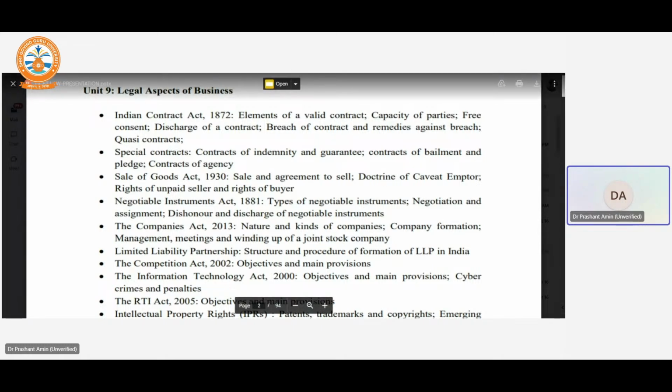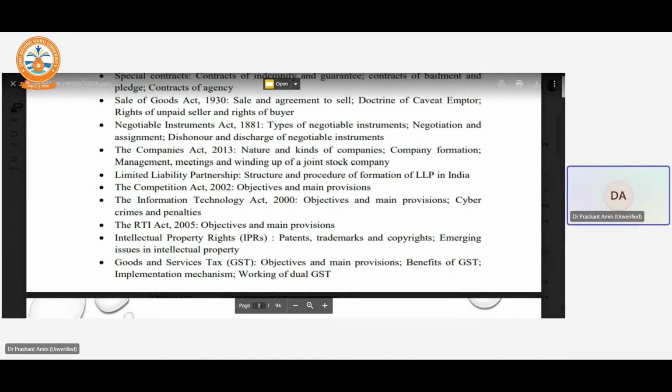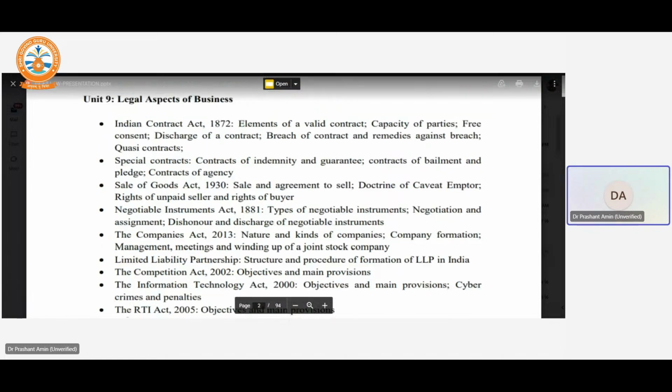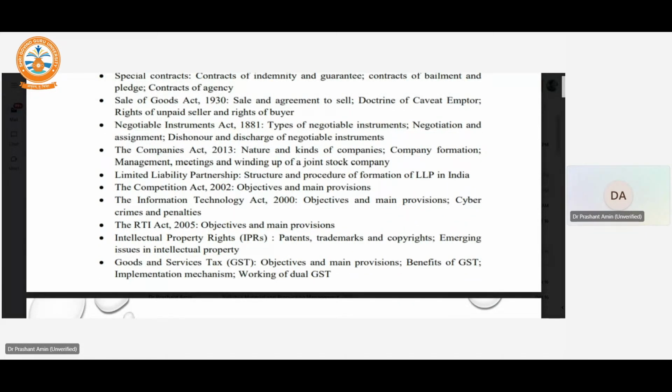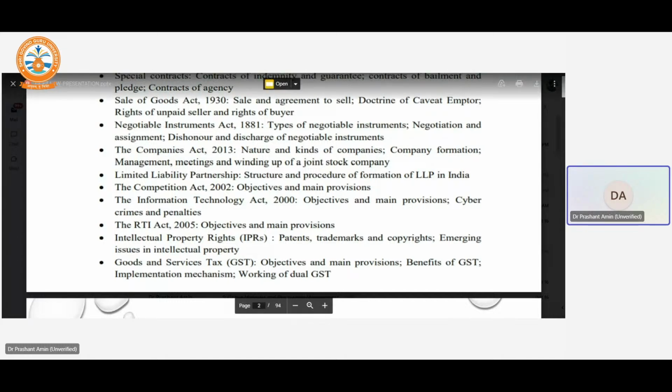We have covered the Sale of Goods Act 1930. We have covered the Negotiable Instruments Act 1881. The Companies Act we have just started. So 1, 2, 3, 4, 5 acts we have covered today. Tomorrow we'll cover the 6th act, right?